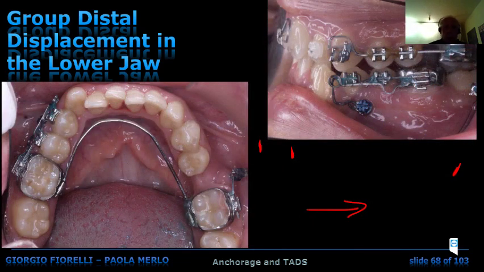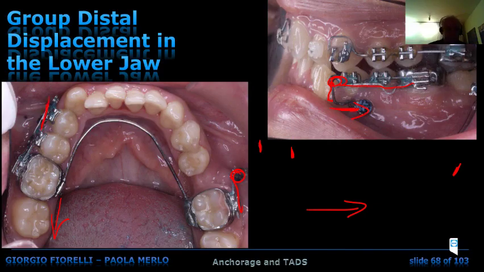Here we have not a TPA, but a lingual arch, which is not as favorable as a TPA, but you can use it in the same way. So the TAD connected to this lingual arch is pushing in this direction, and this is the cantilever, which produces this force to the molar on the buccal side.